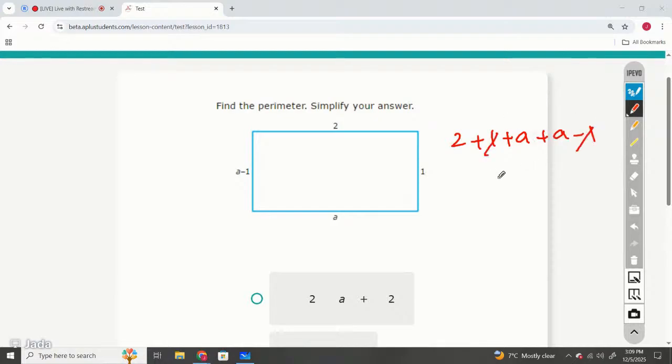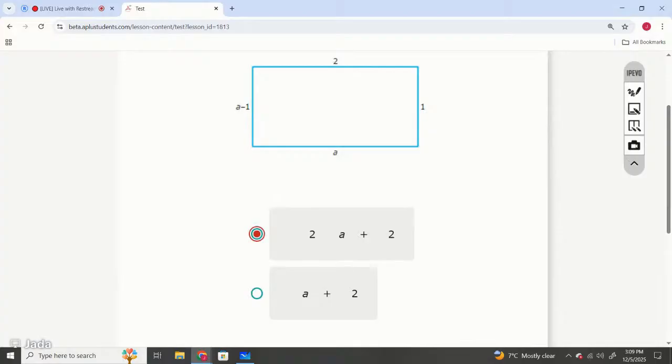So 2a plus 2. Option number 1 is the correct option.